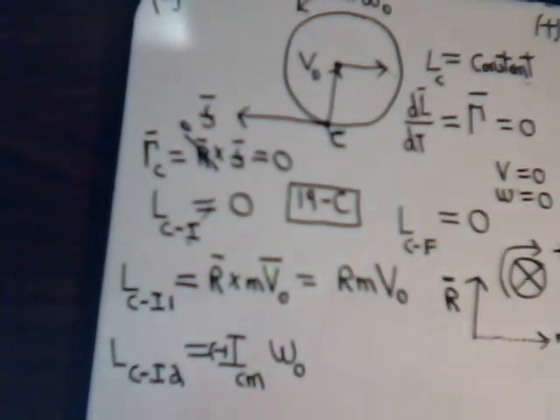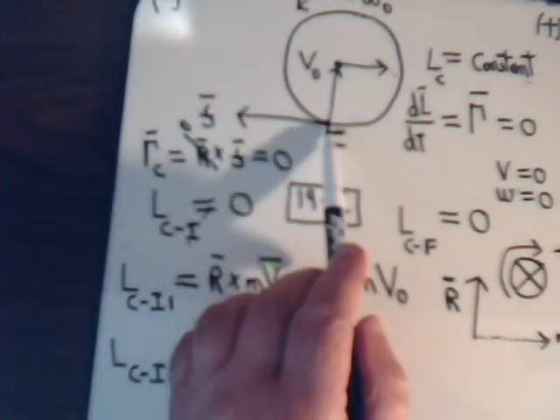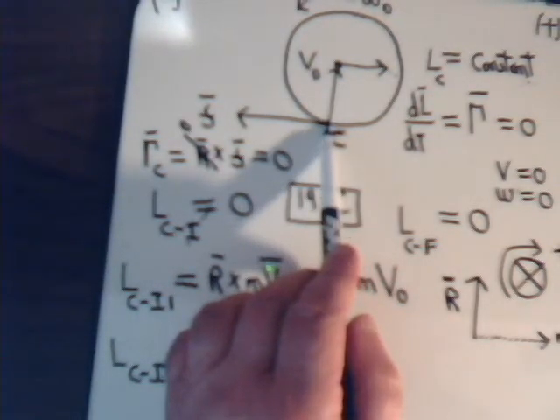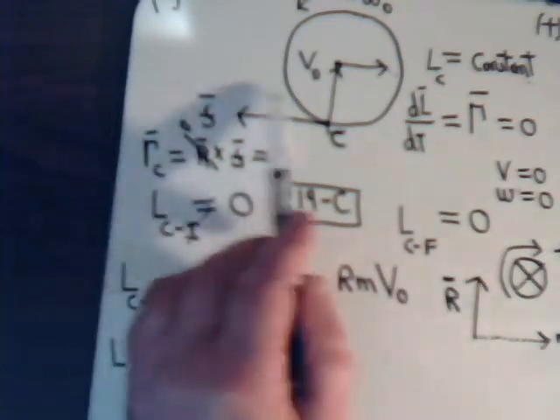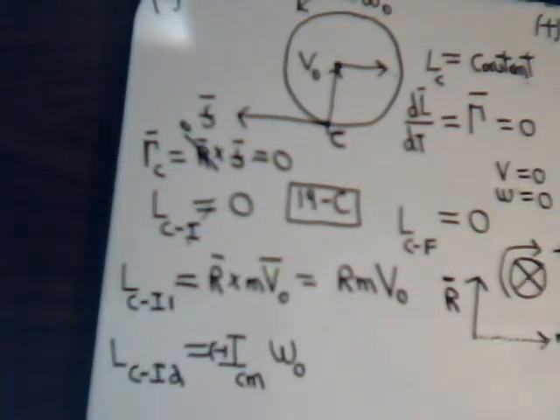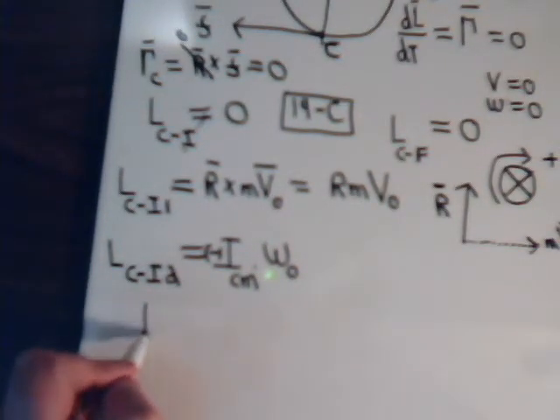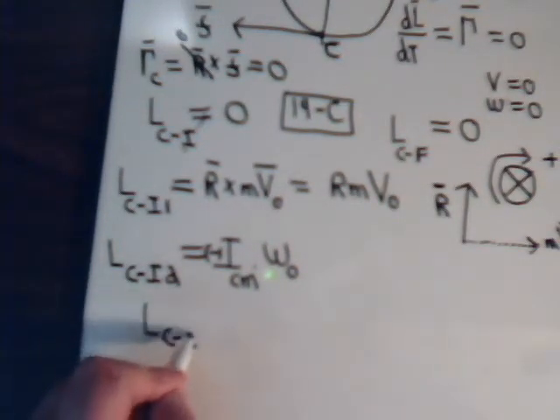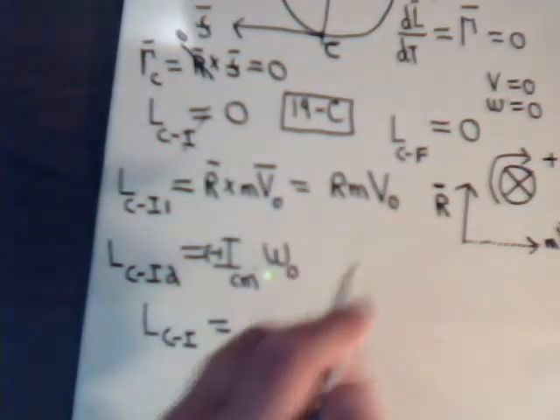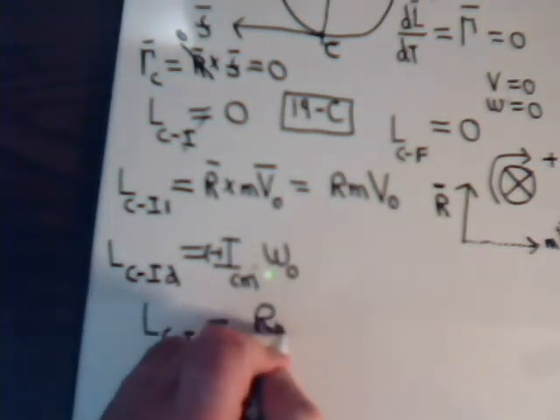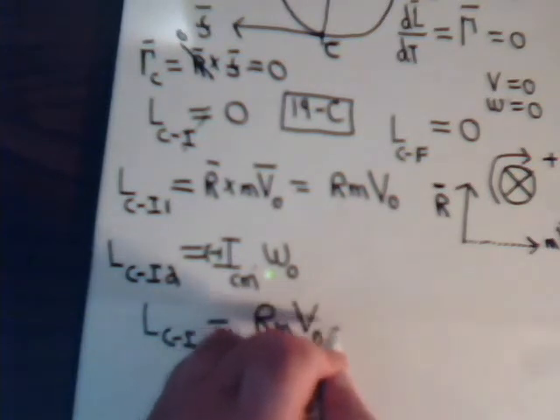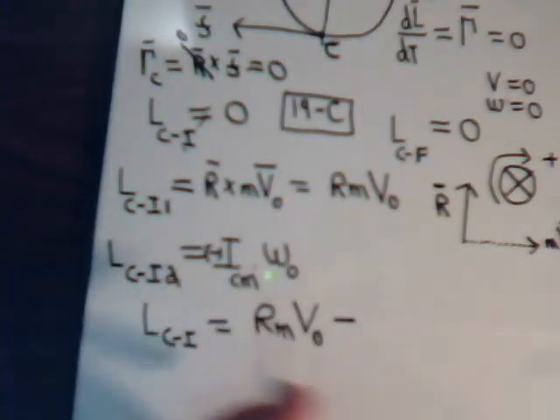So the angular momentum about point C, initially, that would be either immediately after the cue ball is struck with a cue stick, or when a bowling ball first makes contact with the floor surface, is this component plus this component. So this equals R M V naught minus this.